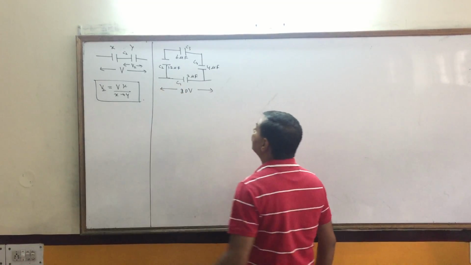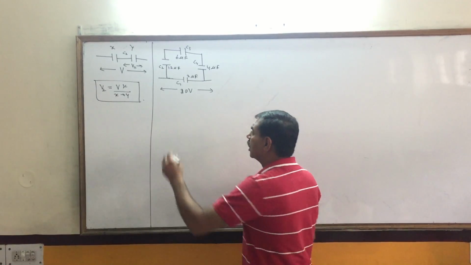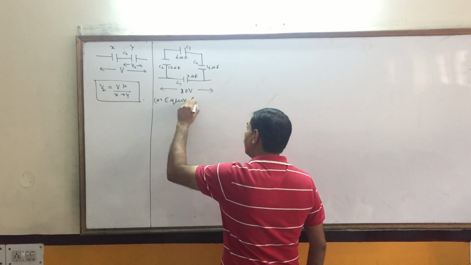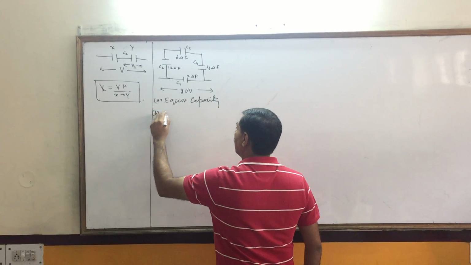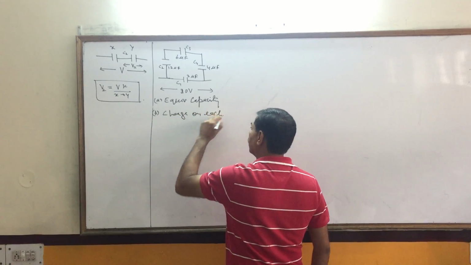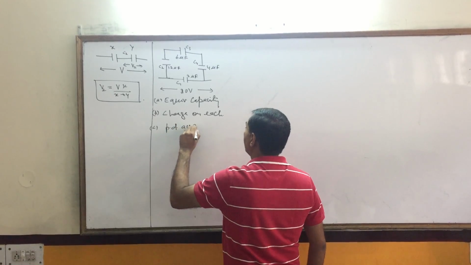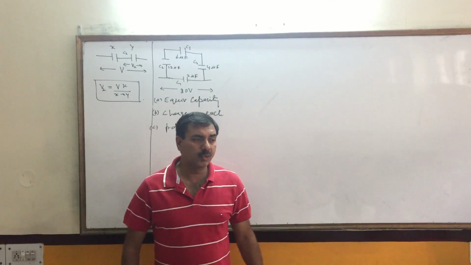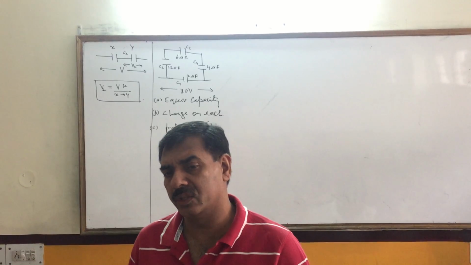The argument is to determine the equivalent capacity, the charge on each, and the potential drop across C3. These questions are so well chosen that you will be able to do any question at a later stage.